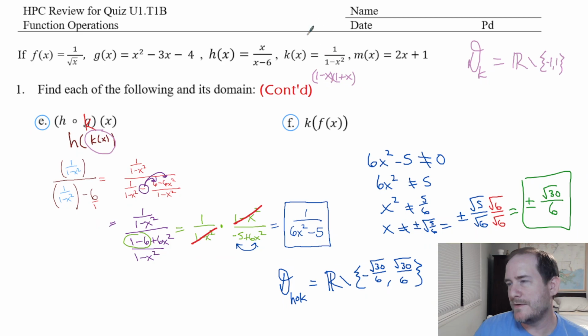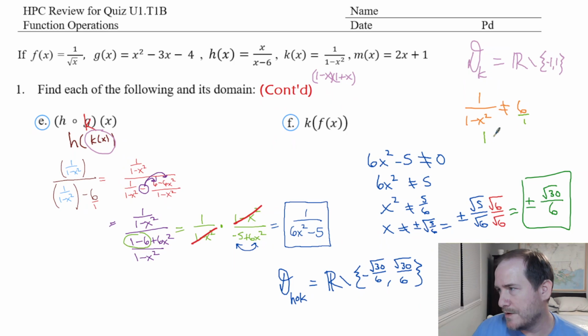But again, if you really were dead set on doing this math, you'd say, hey, 1 over 1 minus x squared, I need you not to be 6. And then you solve this equation, probably by just cross multiplying, so you'd get 1 should not equal 6 minus 6x squared.